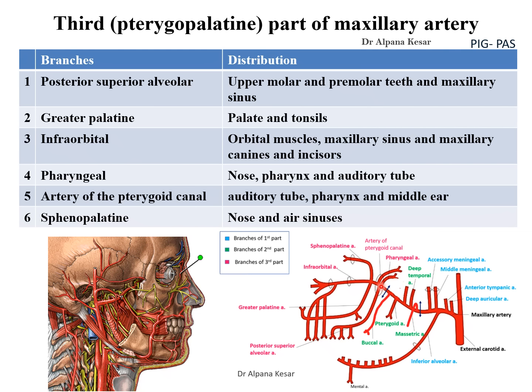Pharyngeal artery supplies nose, pharynx, and auditory tube. Artery of the pterygoid canal supplies auditory tube, pharynx, and middle ear. Sphenopalatine artery supplies nose and air sinuses.